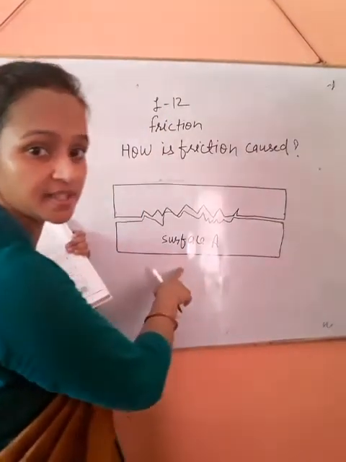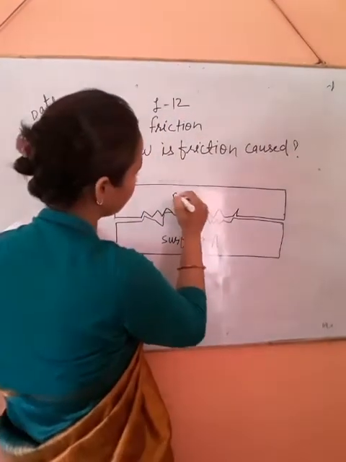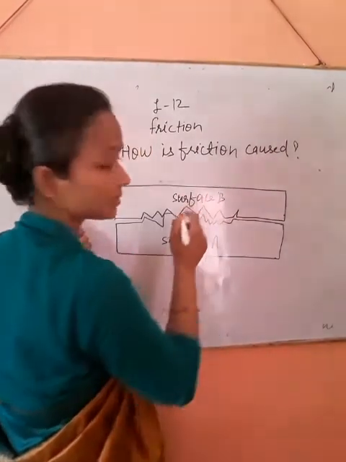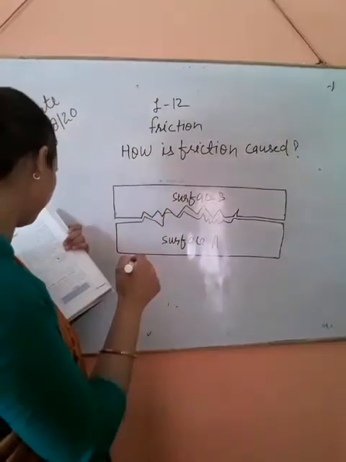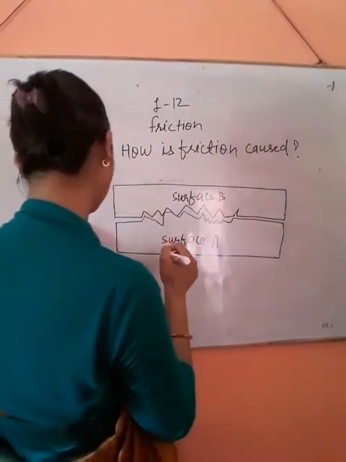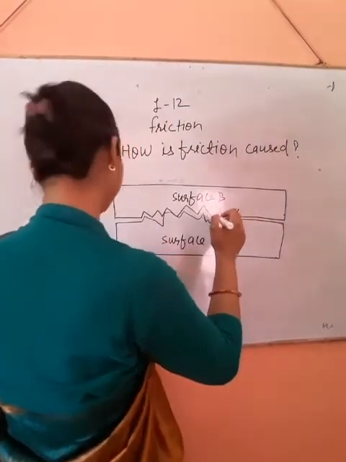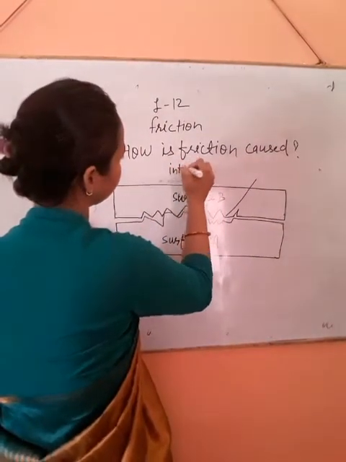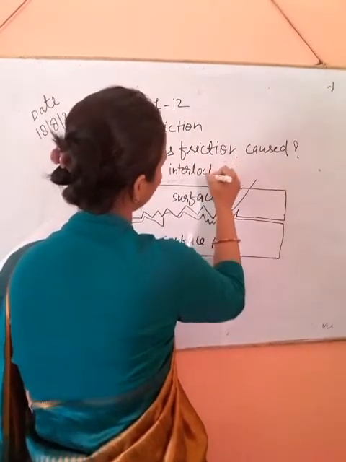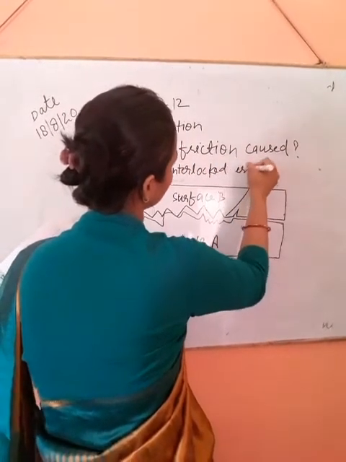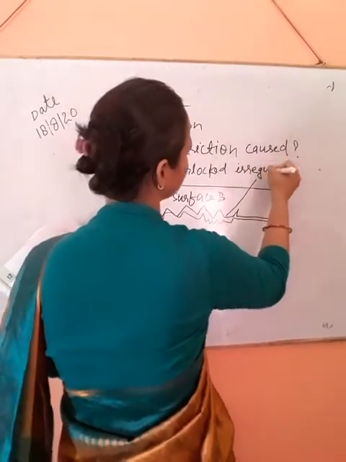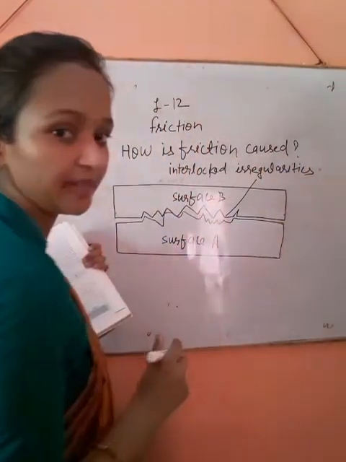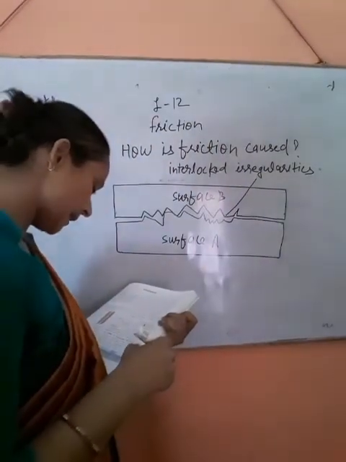This is surface A and this is surface B. Surface A and surface B, and these are the interlocked irregularities.